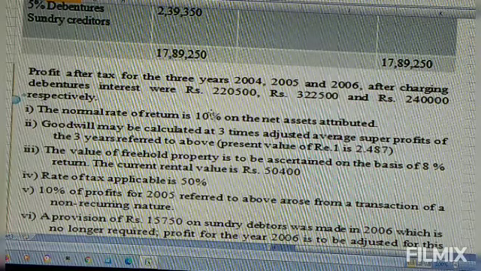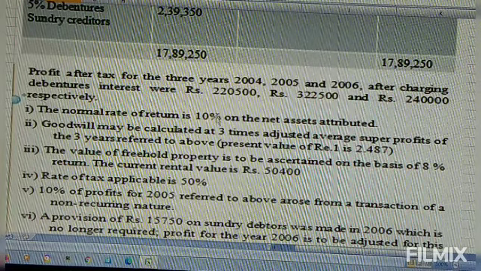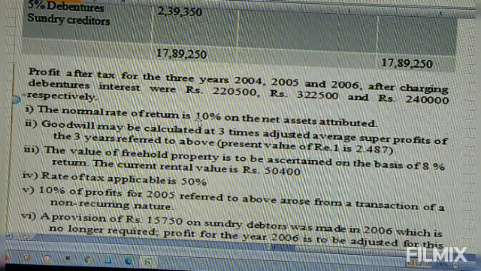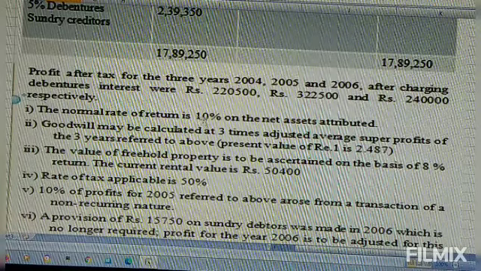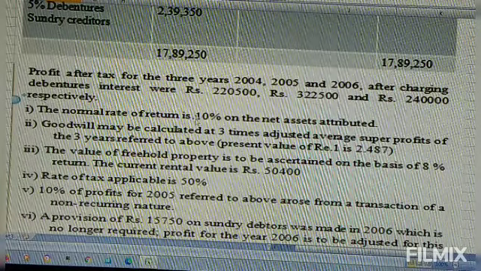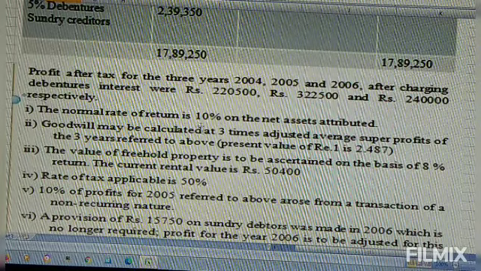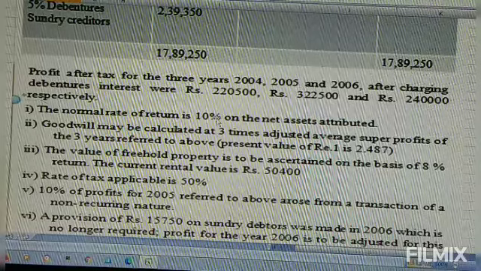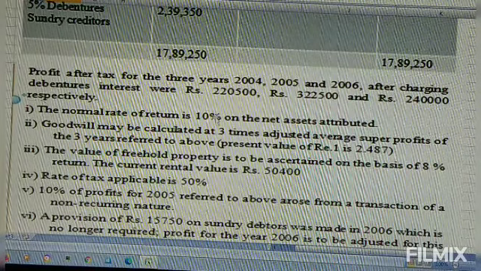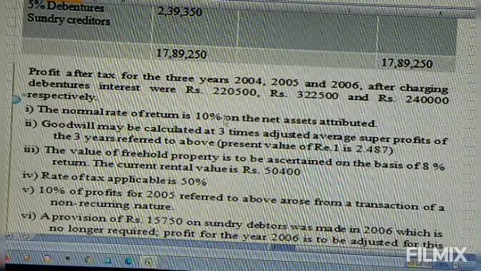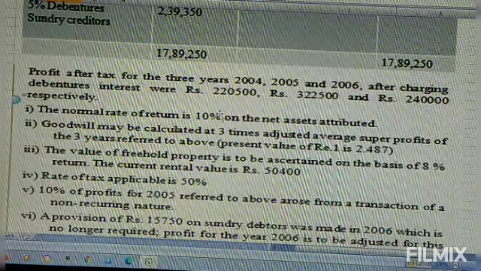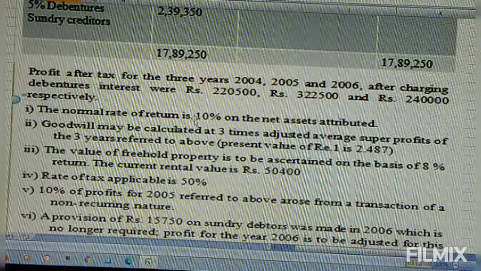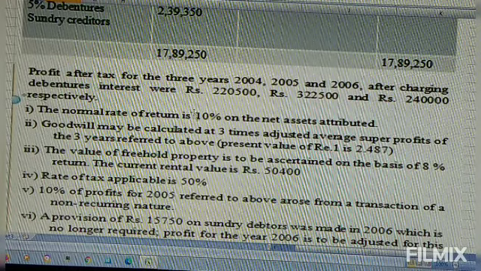Businesses in a similar line of business that are running give a 10% normal rate of return on the total capital employed. So this normal rate of return means the existing business rate of interest, other than this business, which is 10%.